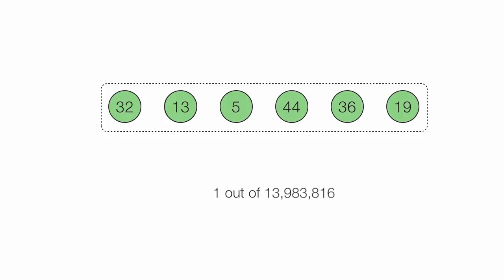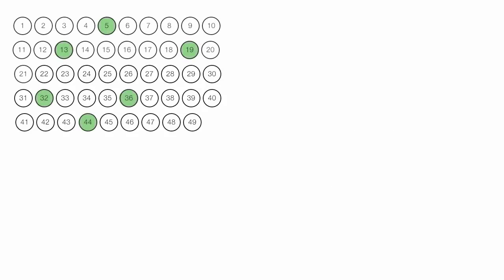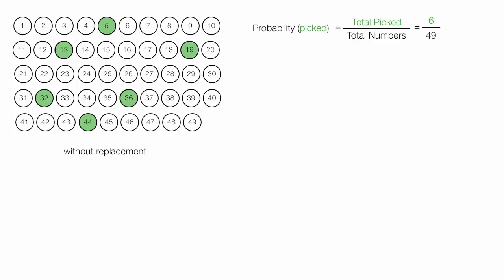Now I'm going to use standard probability theory. This is exactly the same as the permutations I did with marbles without replacement. So what's the probability of picking a green ball? It's total picked out of total numbers. And in this case, it's 6 out of 49.